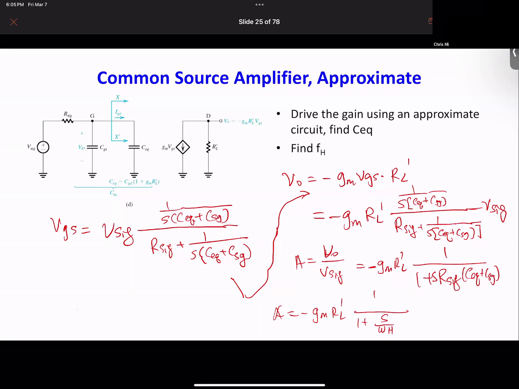So you probably can tell me right away, what is omega H? It's 1 over RSIG times (CEQ plus CGS).